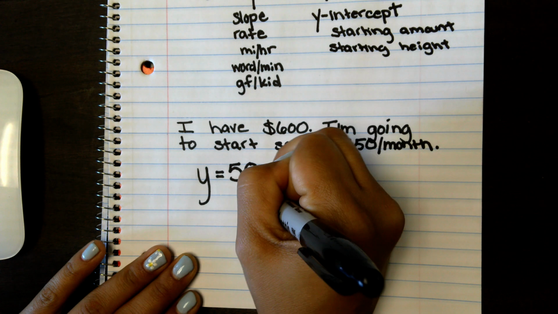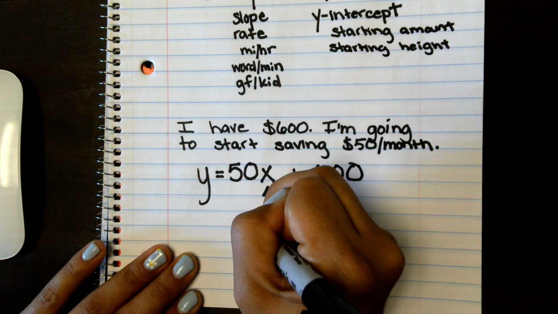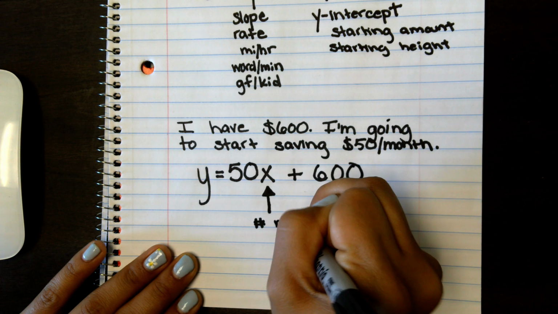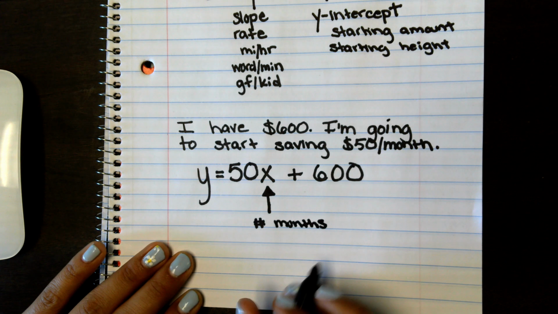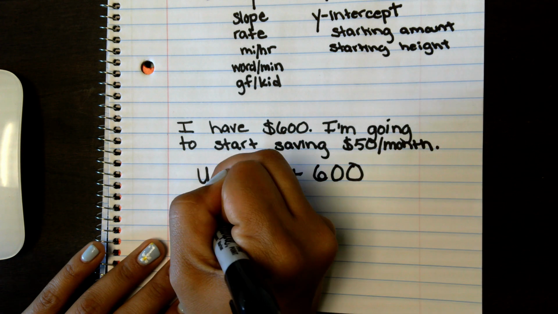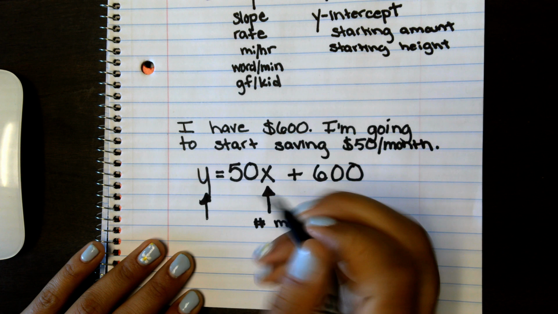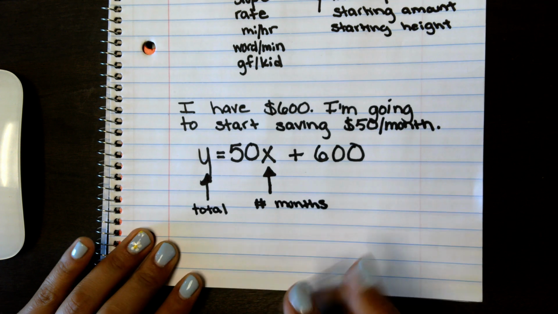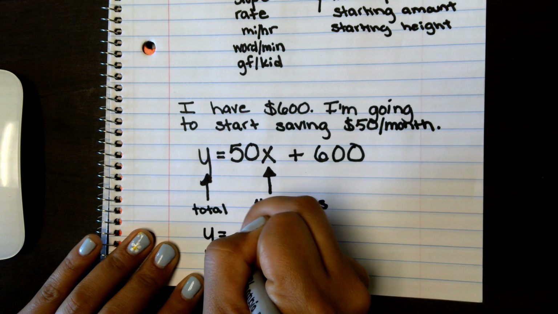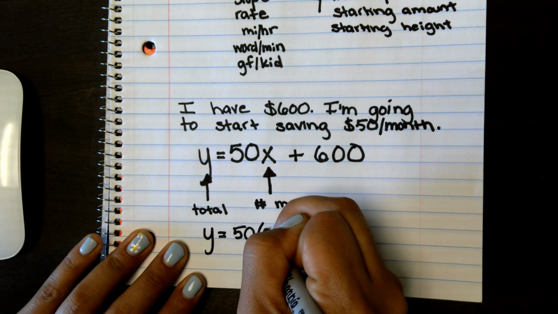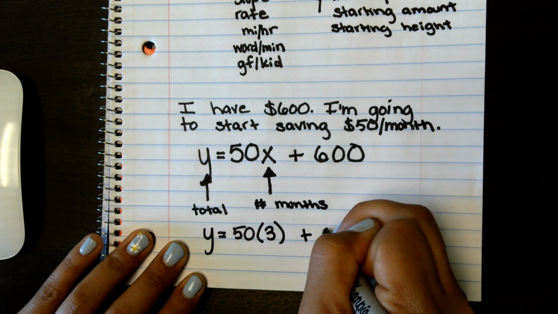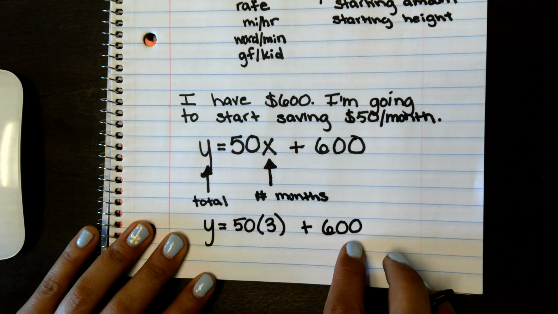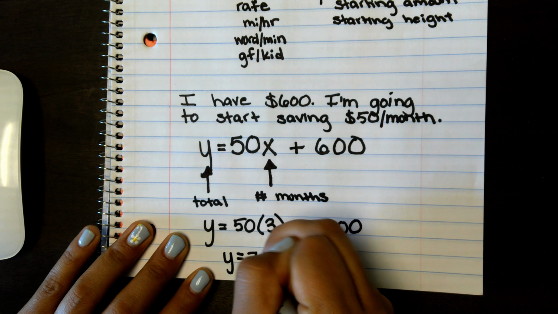So I would need to multiply 50 times 3, which means x represents the number of months, and add that to 600, which would give me the total amount that I've saved. So I would use it like this. Y equals 50 times those 3 months plus 600. 50 times 3 is 150 plus 600. Y equals $750.